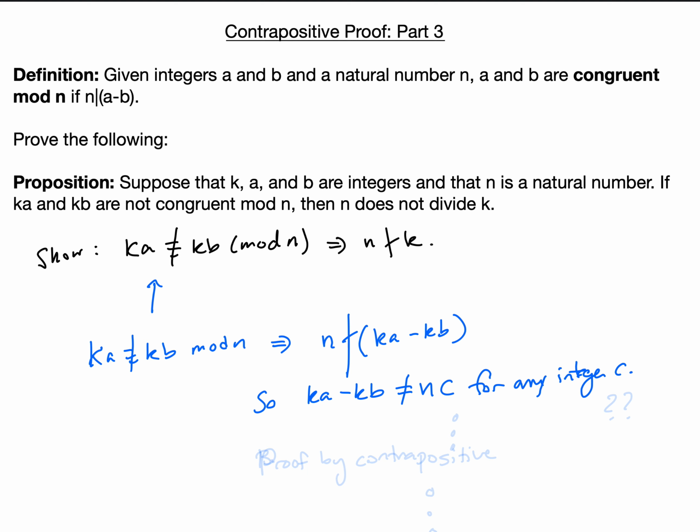Where to go from there? That's not a very helpful statement, and therefore it would be worthwhile to try a proof by contrapositive. So why don't you try that out? Pause the video and try to do a proof by contrapositive of this statement, and we'll talk about it in just a moment.